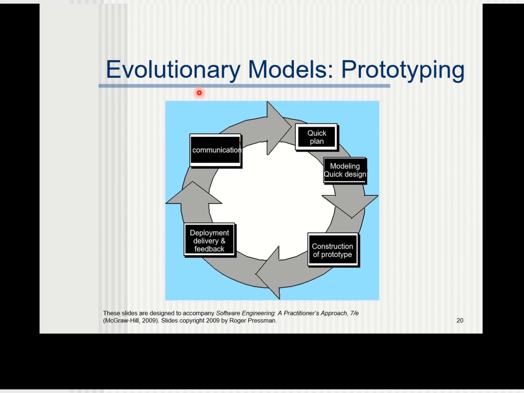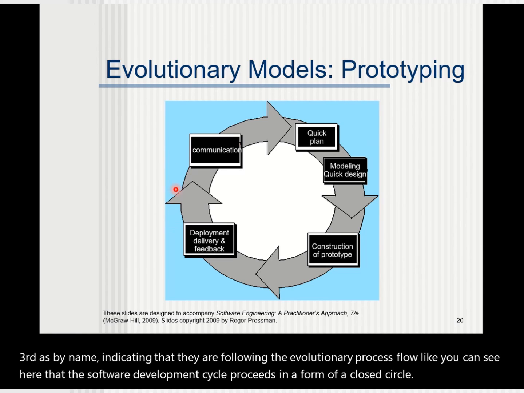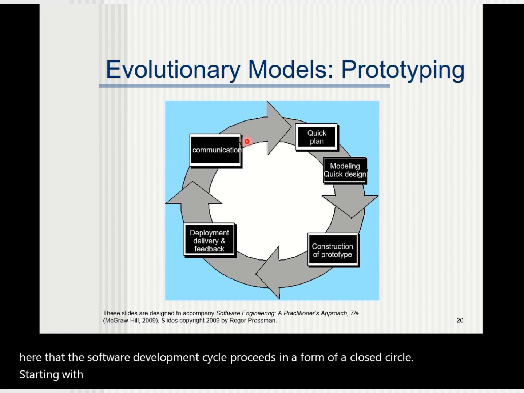Evolutionary models, as the name indicates, follow the evolutionary process flow. Like you can see here, the software development cycle proceeds in the form of a closed circle, starting with communication, and then for the next release again it starts from the same start point.